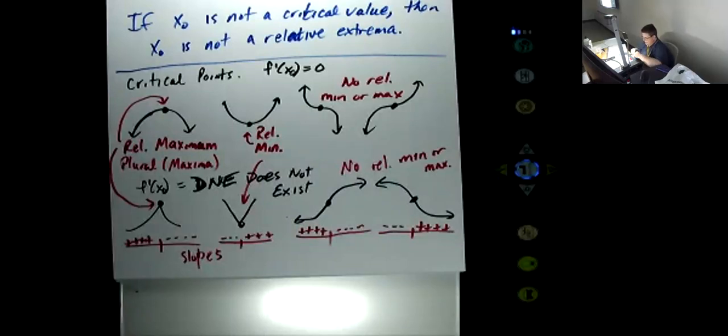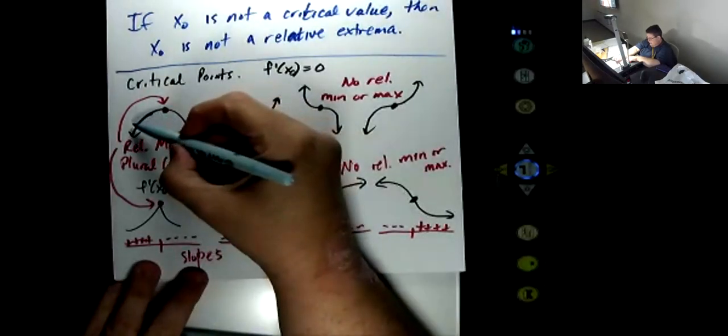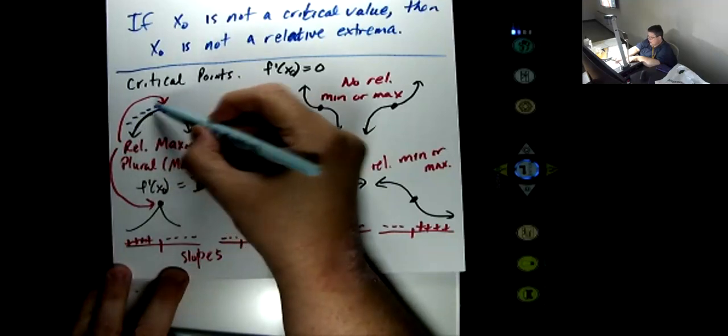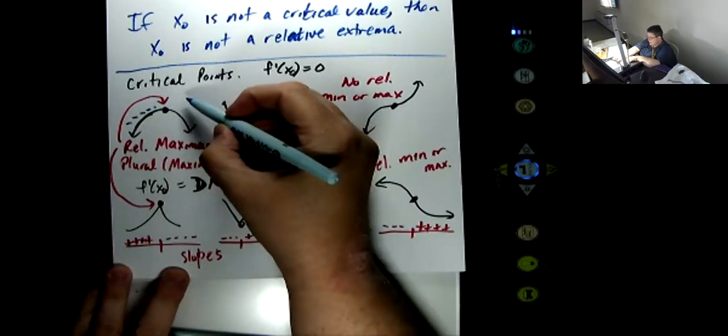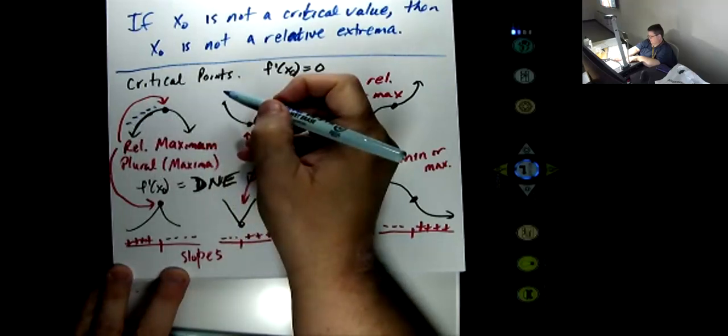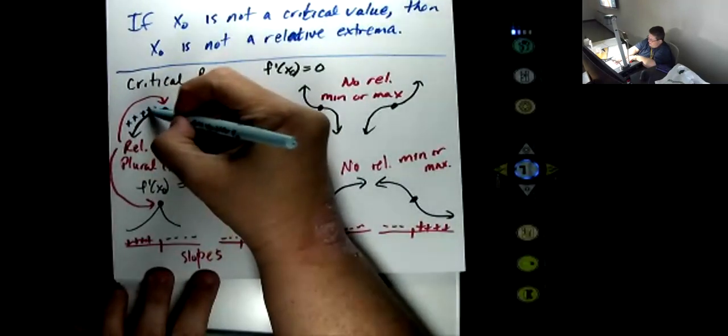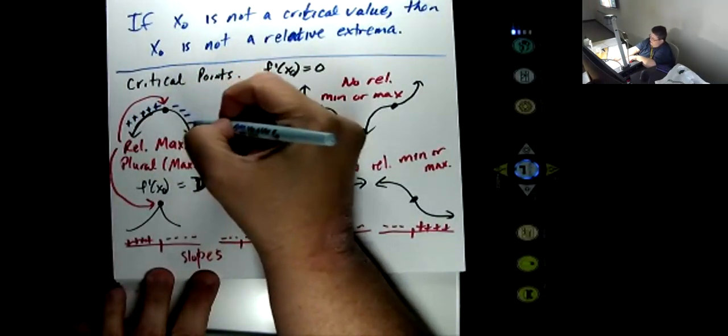So it looks like these, and I could do a sign chart up here. The slope is decreasing here as it goes up. Let's just look at the slope. It's positive here. It's negative here.